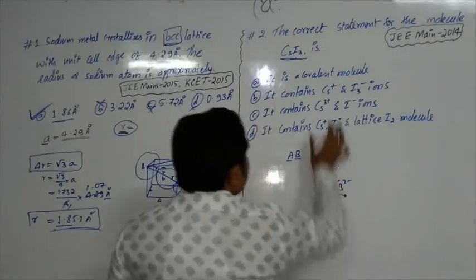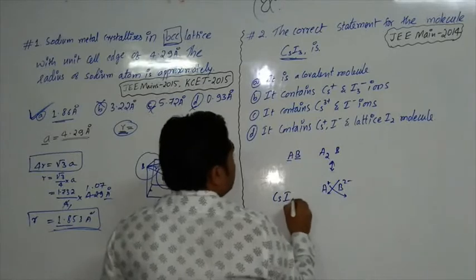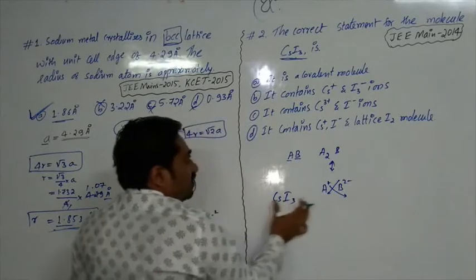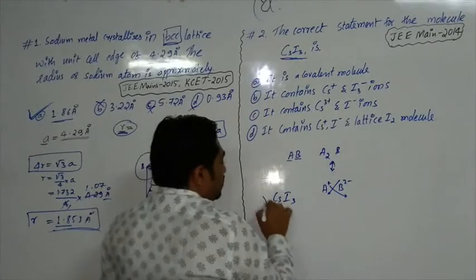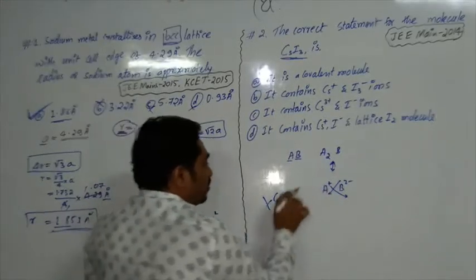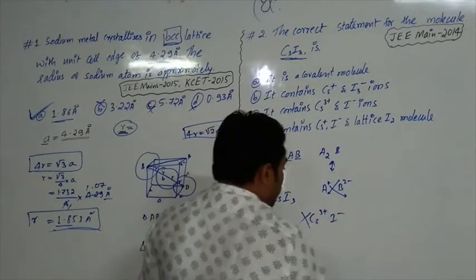If I look at CsI3 according to this and expand it, I am going to get a wrong answer. According to this, it would give Cs3 plus I minus. This is wrong.